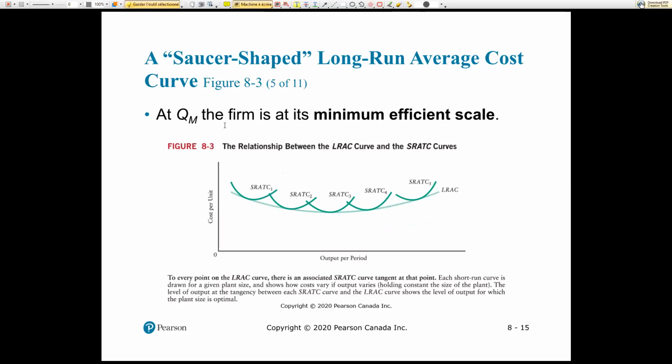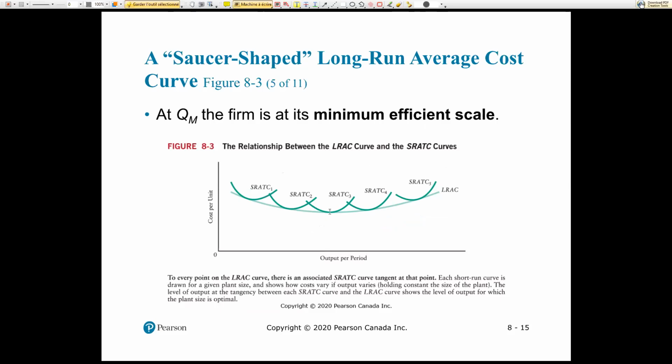And QM is the minimum efficient scale. So that's the best place to be. That's the combination of machines and labor that allows me to produce as efficiently as possible, at the lowest cost possible.